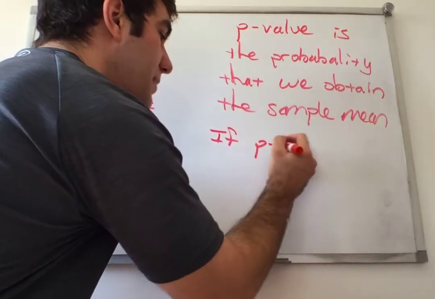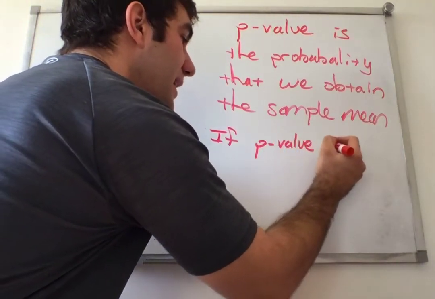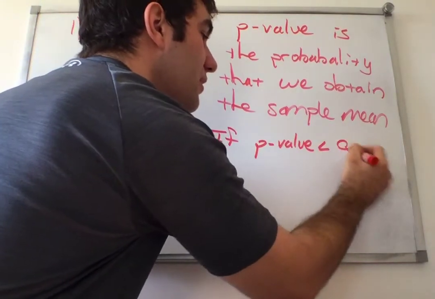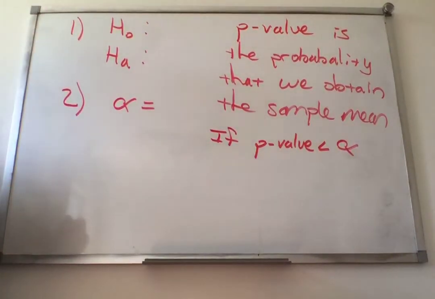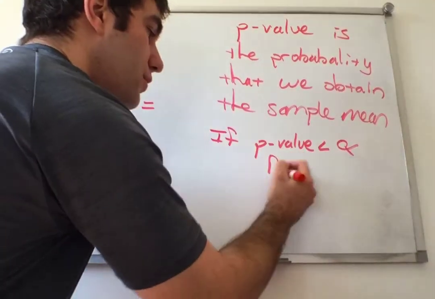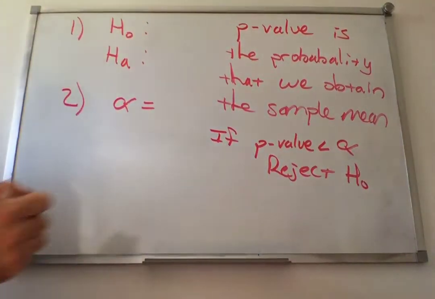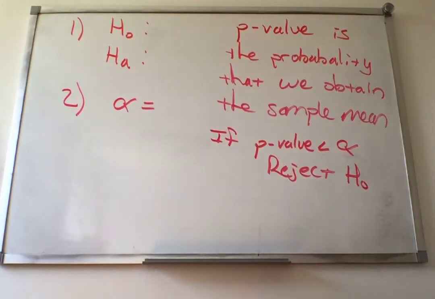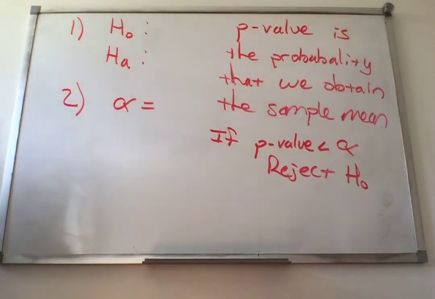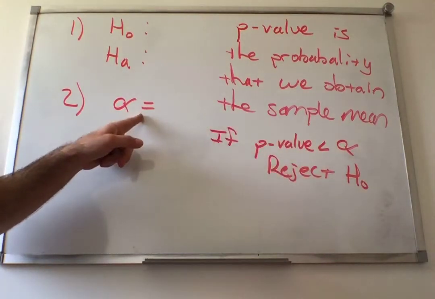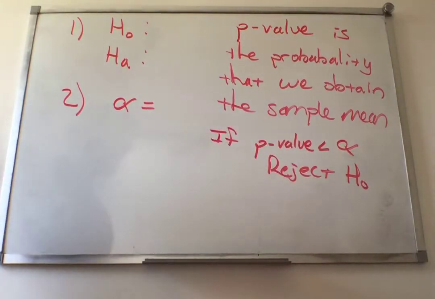Now, based on that probability, if the p-value is less than our alpha value, reject our null hypothesis, okay? It's a very clear definition. You find your p-value, and if it's less than your alpha value, you reject your null hypothesis, okay?